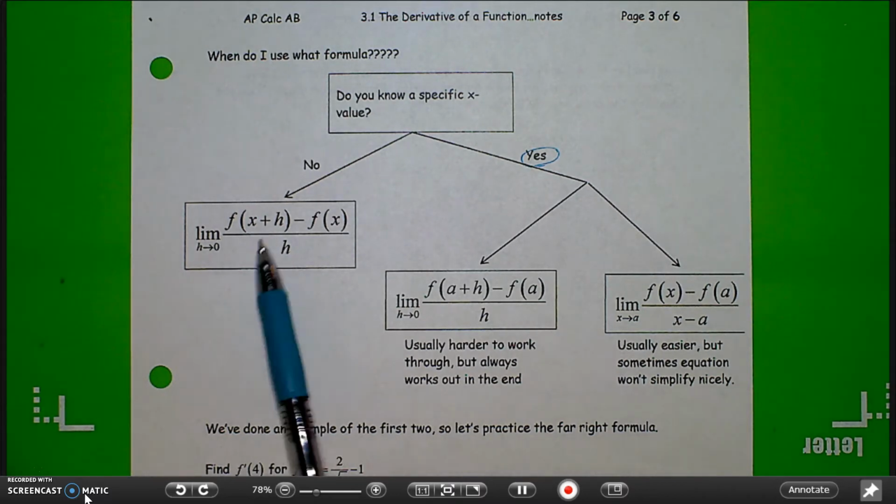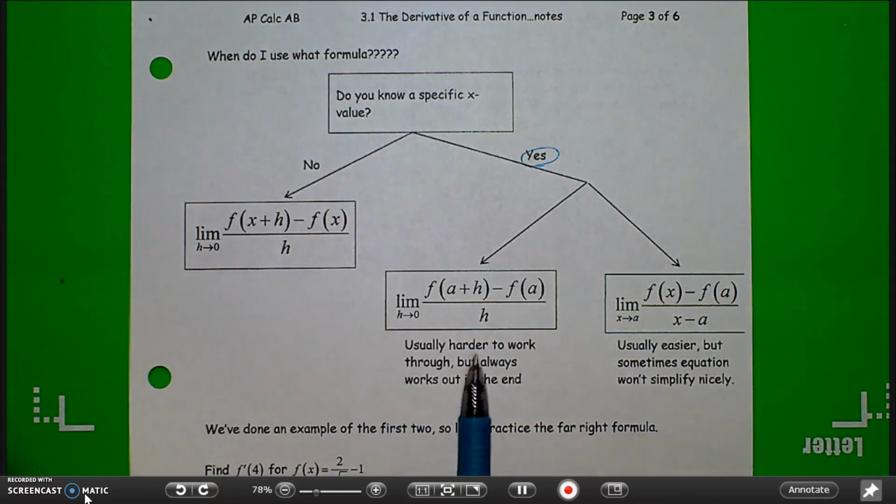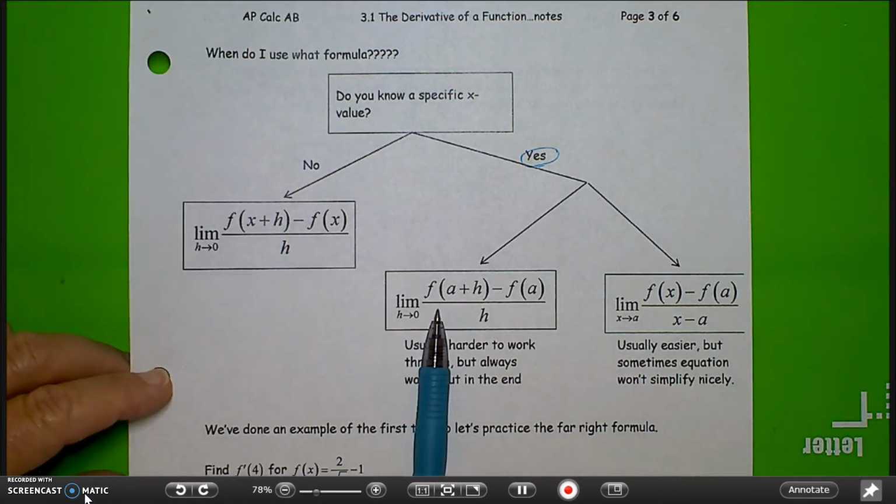It stays in the whole problem. And when you're done, this is the one that will result in an equation for the slope of the tangent line. Once you get the equation, you could graph it. You could plug in any valid value of x and get your slope of the tangent line that way.